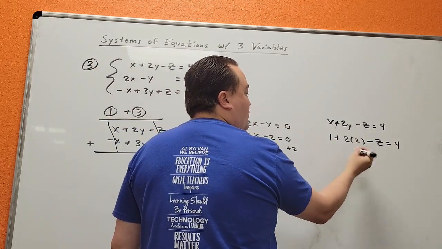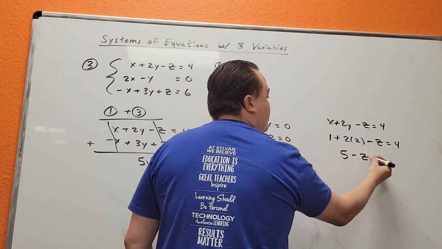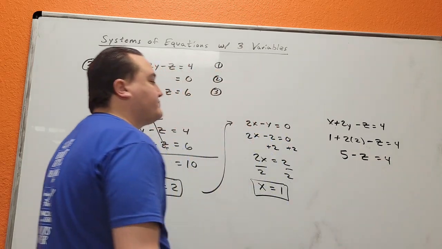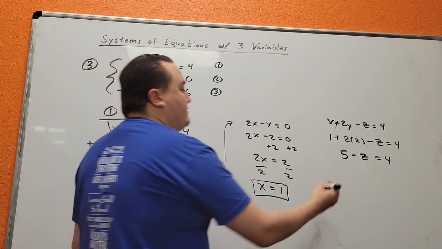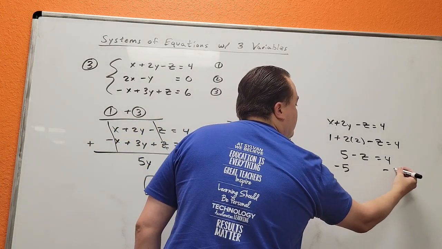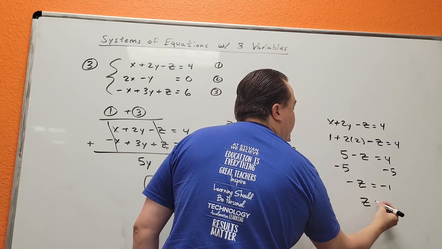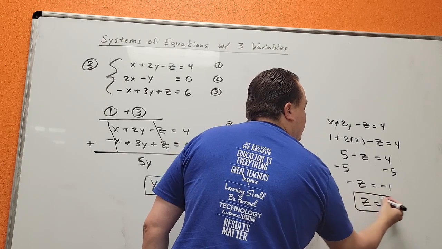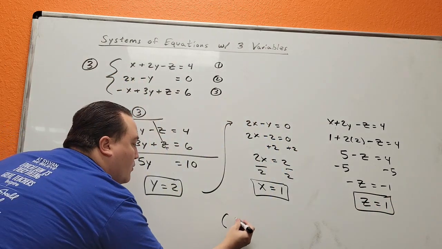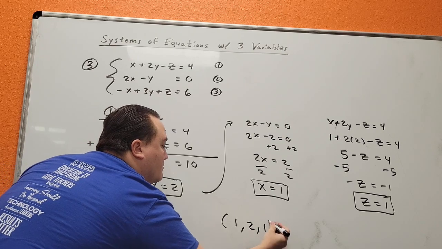This is 1 plus 4, which is 5, minus z equals 4. Subtract 5. So negative z equals negative 1, or z equals 1. So that would be 1, 2, 1.